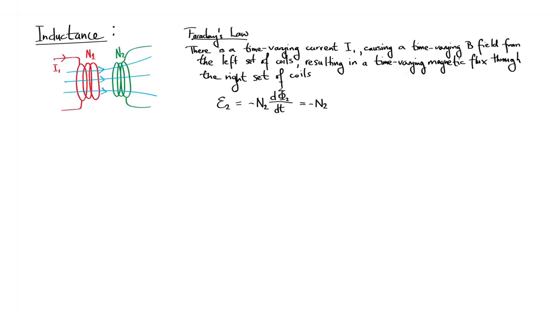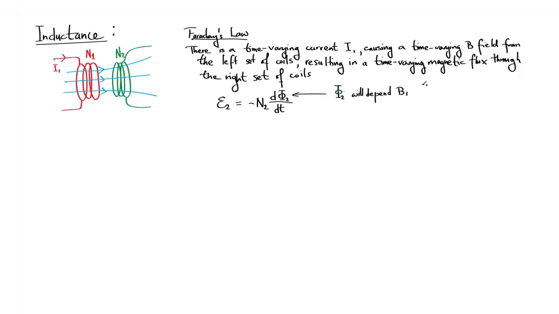Now, the flux through the set of coils here is going to be proportional to the magnetic field that's generated by N1, right? So, for instance, if these were 2 solenoids that were very close together, then phi 2 will depend on the strength of B1 generated by this set of coils.